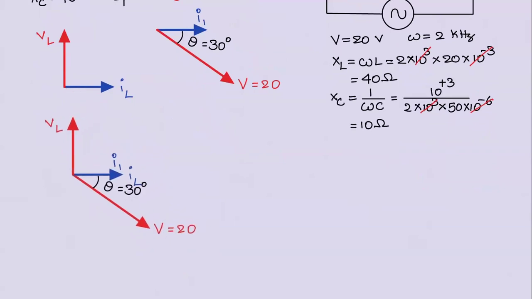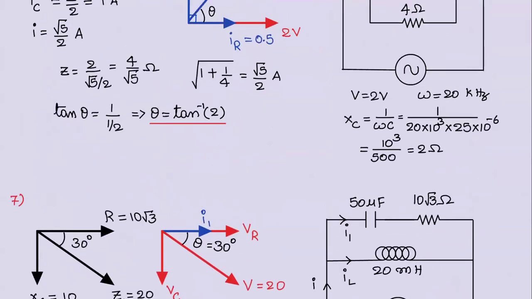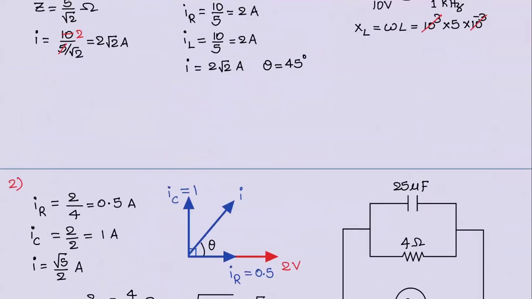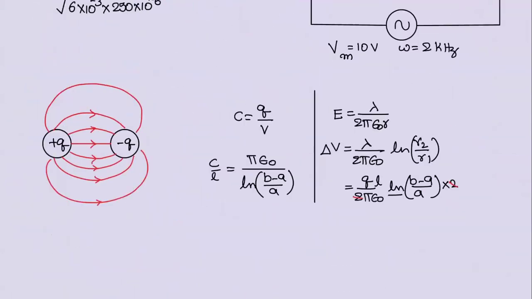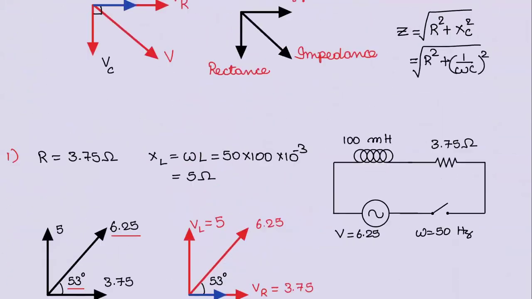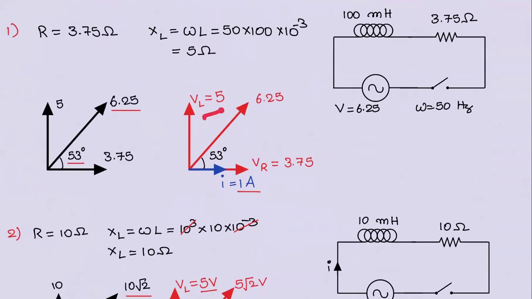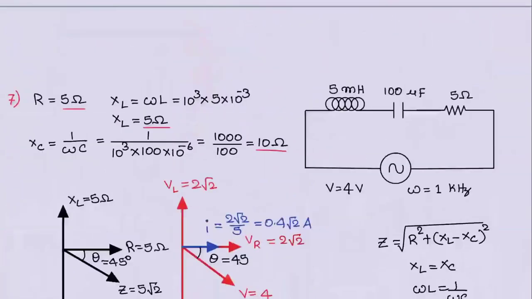Are you getting my point? That's how we wrote all the series combinations, whatever we did. If you take voltage across inductor and current, this is the diagram for inductor. This is for resistance. We superimposed by synchronizing current because in series current is same.